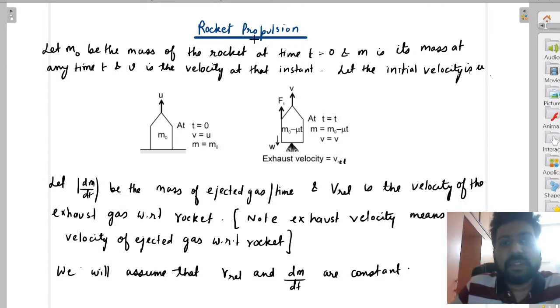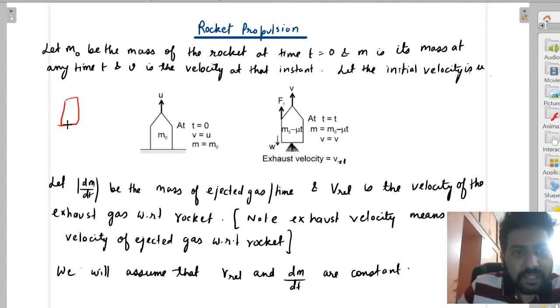Let us start with rocket propulsion. So what is rocket propulsion? You know that when a rocket is fired, there is a fuel here. This fuel is burned, and it ejects gases, and due to the ejection of this mass, a thrust force is applied on this rocket, due to which it moves upwards.